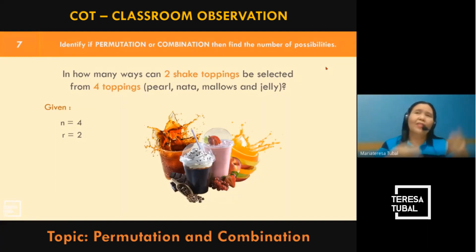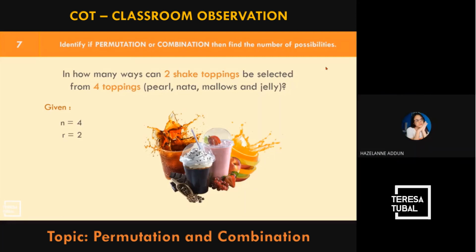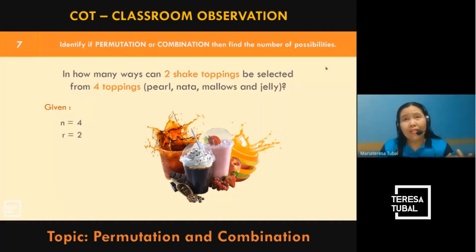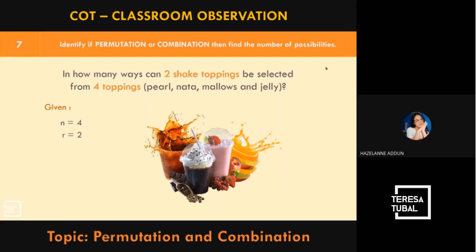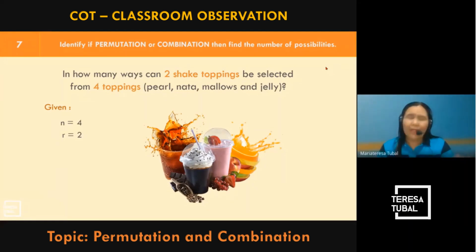Okay, dalawa yung sagot natin. So let us see, permutation or combination? Hazel, what do you think is the best answer? Permutation or combination? Permutation po. Ay, combination, ma'am. Okay, why combination?